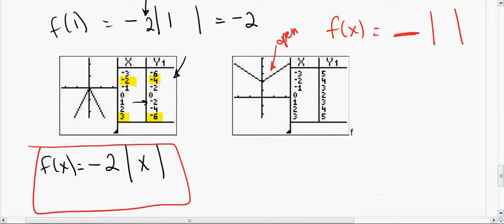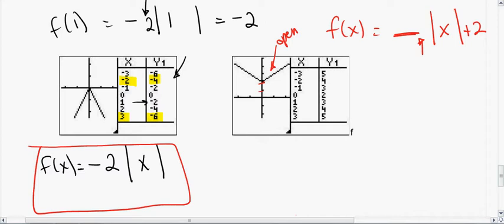It's not flipped in any direction as far as I can tell, so I'm thinking that I am not going to need a negative in front. But let's take a look and see here. I've definitely shifted up. I've shifted up 1, 2, so I'm probably going to add 2 to the outside. I haven't shifted left or right, so I think it's going to just be a plain old x on the inside. But then let's figure out what number should be going right here. What should I be multiplying by to make my graph open up?